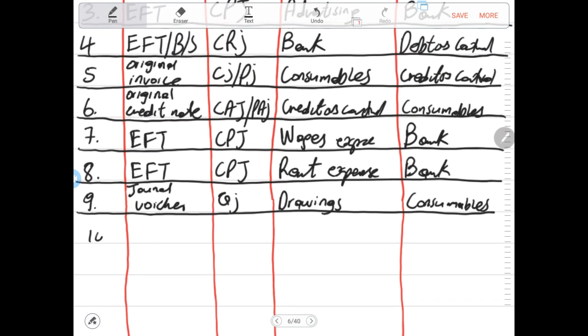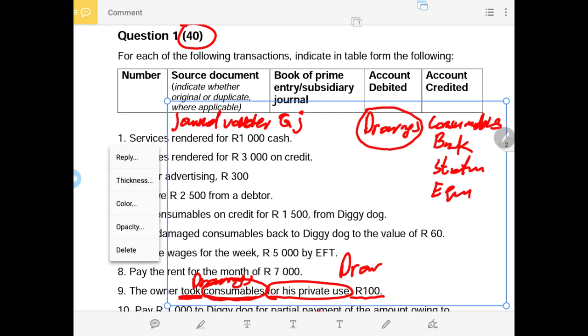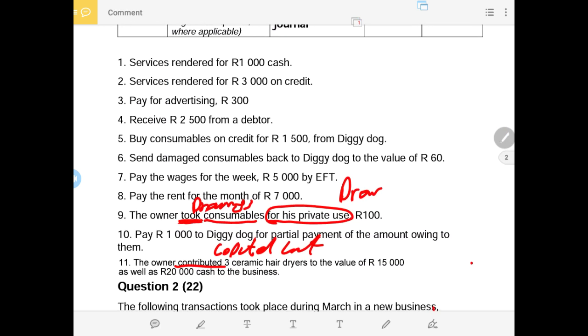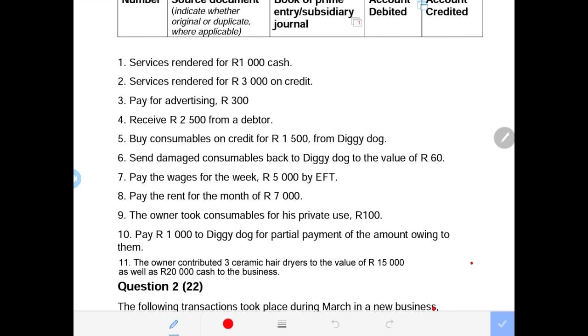Then we are left with two transactions, transaction number 10, and lastly transaction number 11. Now we are doing number 10. It says pay once again. If it is pay, that means money went out of the organization.